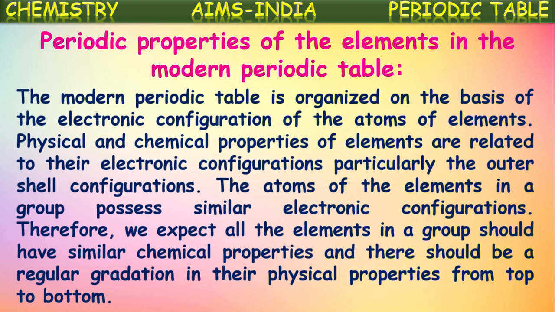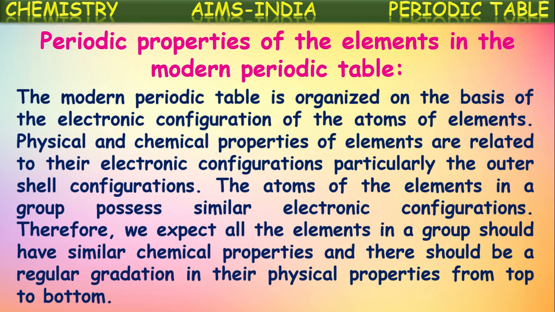The modern periodic table, as we know, is organized on the basis of the electronic configuration of the atoms of the elements, isn't it? Yes, this modern periodic table is constructed based upon the atomic number as well as the electronic configuration of the atoms of elements.